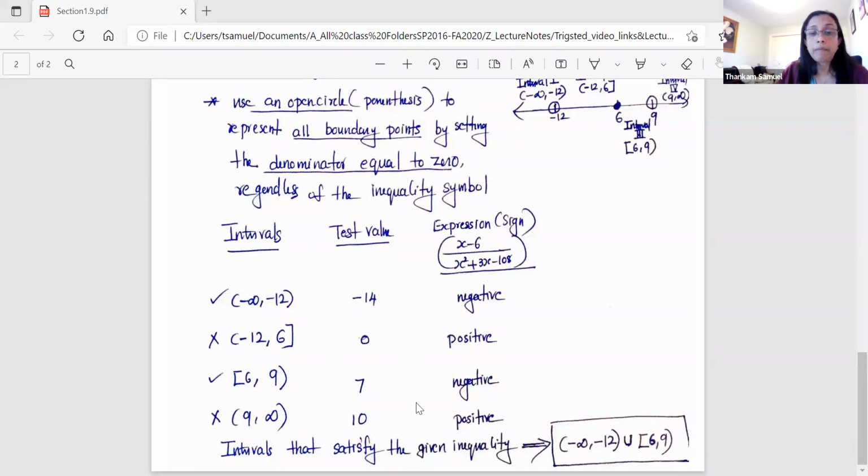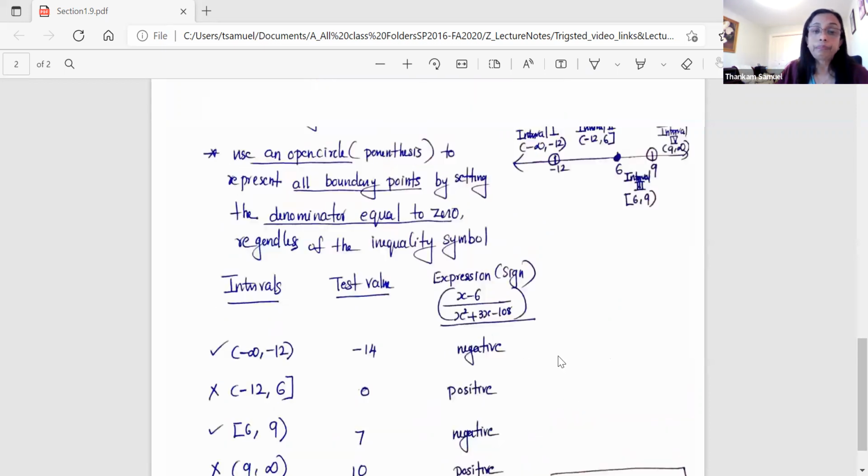So the only intervals that satisfy the inequality are negative infinity to negative 12 and 6 to 9. Our final answer is negative infinity to negative 12 with a parenthesis, union, bracket 6 to 9 with a parenthesis.